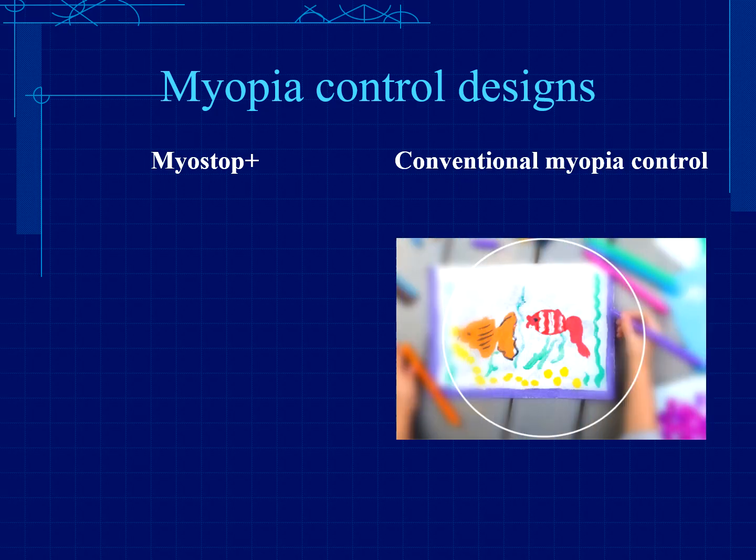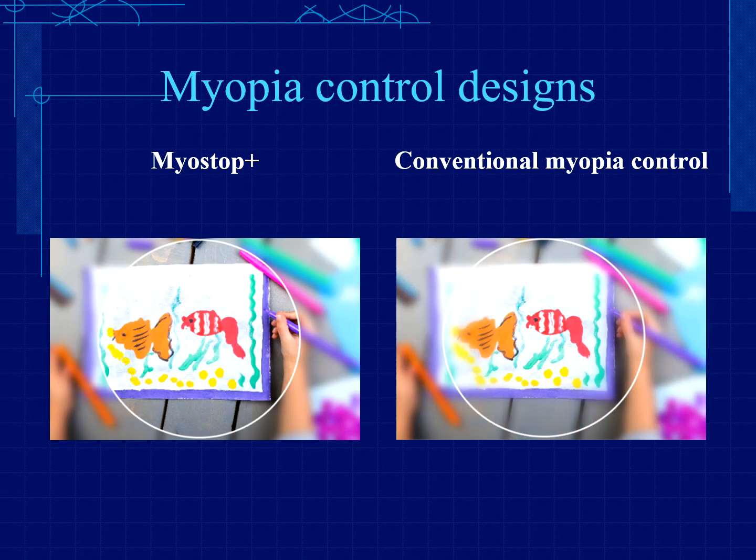You can compare the image seen through conventional myopia control lenses and MyoStop lenses. It is clear that all parts of the lens are very clear and comfortable for the kids, and for the conventional myopia control lenses, the peripheral part is a little bit blurred.